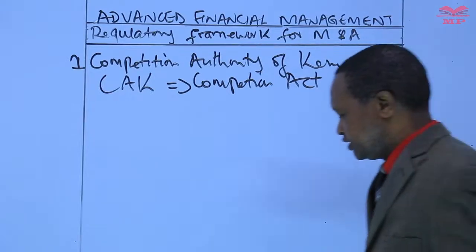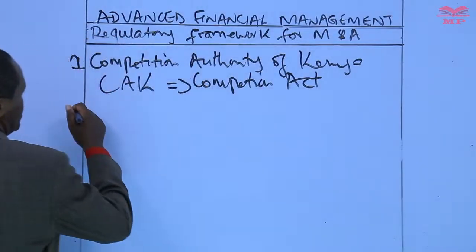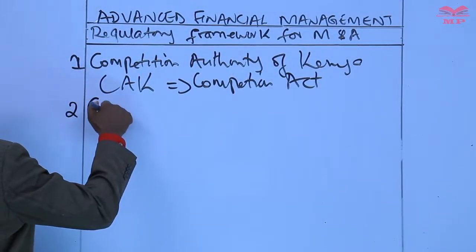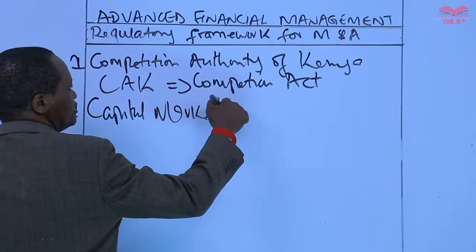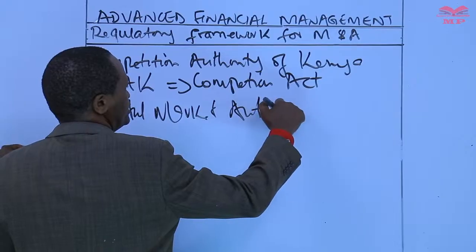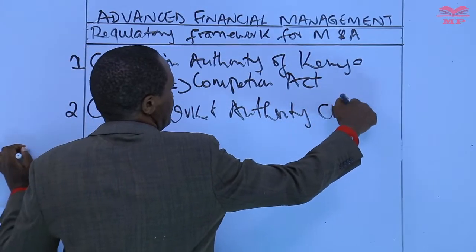The second body is the Capital Market Authority, CMA.